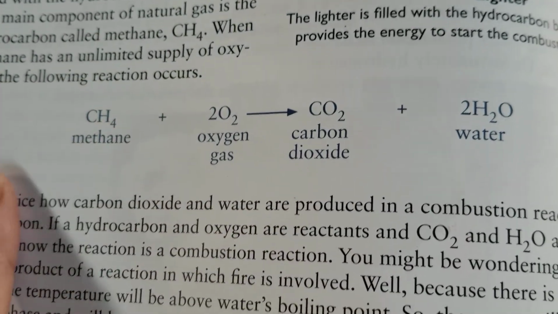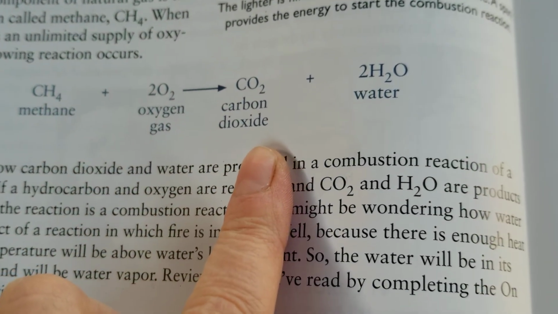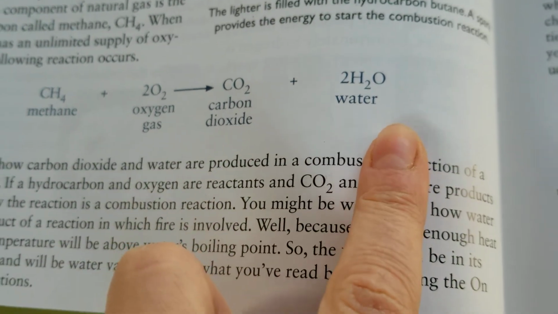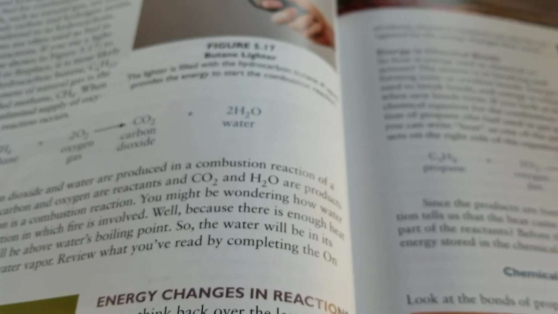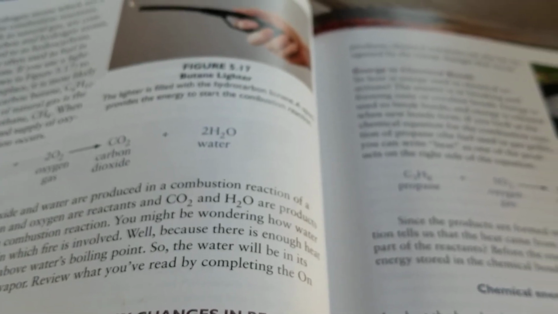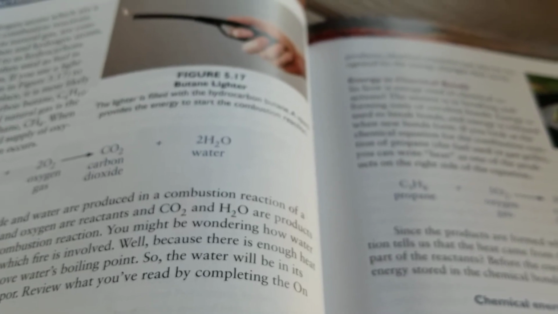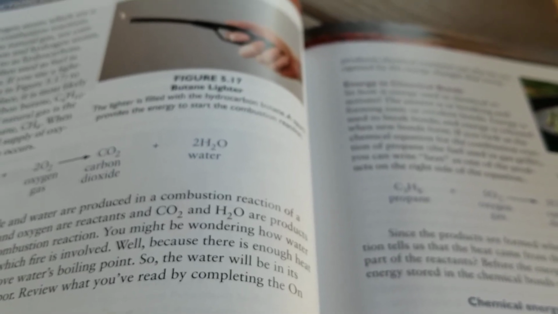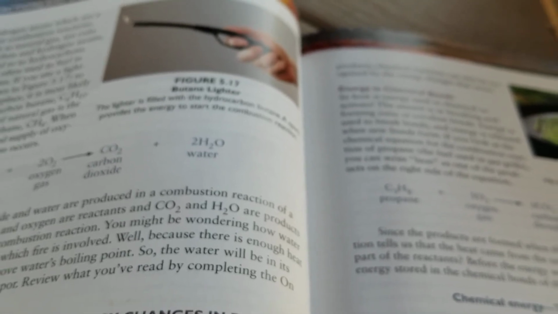We've got methane plus oxygen gas equals carbon dioxide and water. So what happens here? If hydrocarbon and oxygen are reactants and CO2 and H2O are products, you will know the reaction is a combustion reaction. So that's the ticket for that.